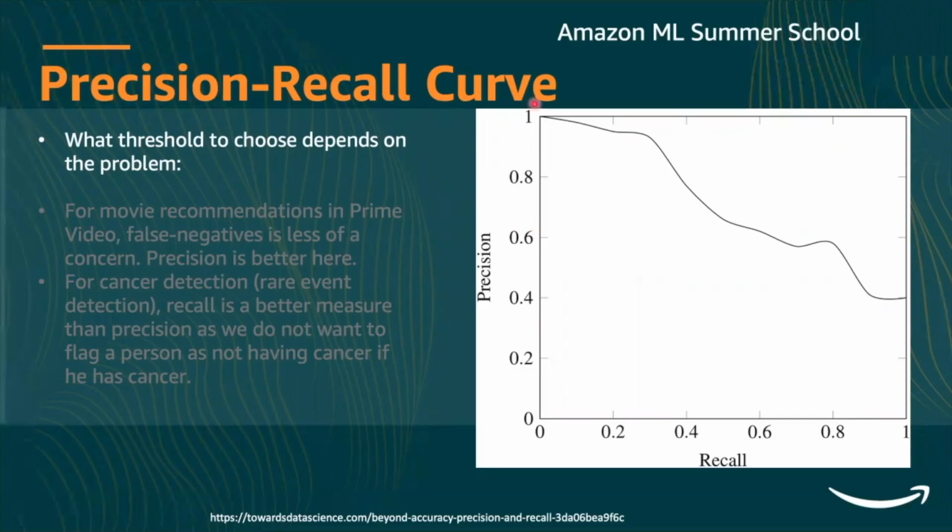On the right hand side, you'll see a precision recall curve. On the y-axis, you have precision. On the x-axis, you have recall. And this plot is basically you select different thresholds, and for each threshold, you compute precision and recall. Let's say for thresholds of 0.9, 0.8, 0.7, 0.6, 0.5, 0.4, 0.3, 0.2, 0.1, and 0, and you get a curve.